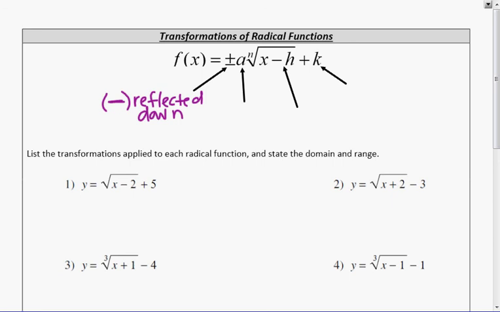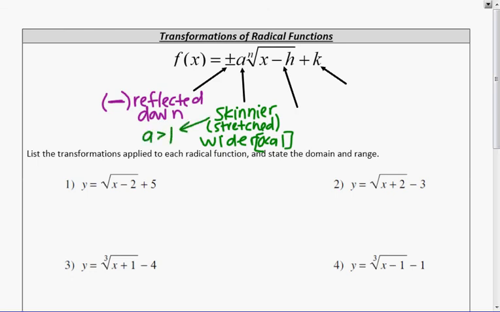The a value on the outside tells us if we either move this function to make it skinnier, which means stretched, or wider. Wider happens when a is a small number, so between 0 and 1. Skinnier or stretched happens when a is a big number, or greater than 1.